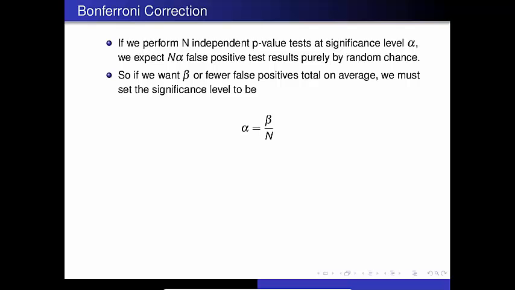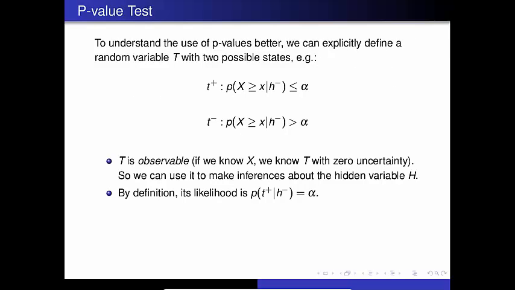So you must not make the mistake of thinking that alpha is going to be your number of false positives when you do it on this large data set. No, it's going to be n alpha, and so if we want beta to be small, we have to set alpha to beta over n. Okay? Any questions about that? Yeah, I didn't get the point of why I would expect n alpha false positives.